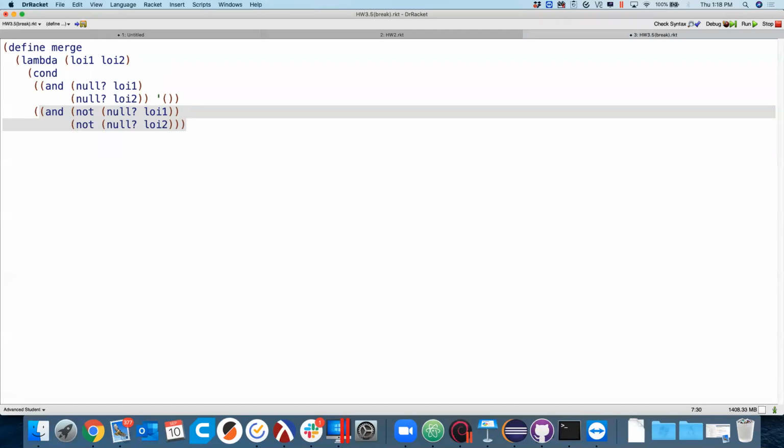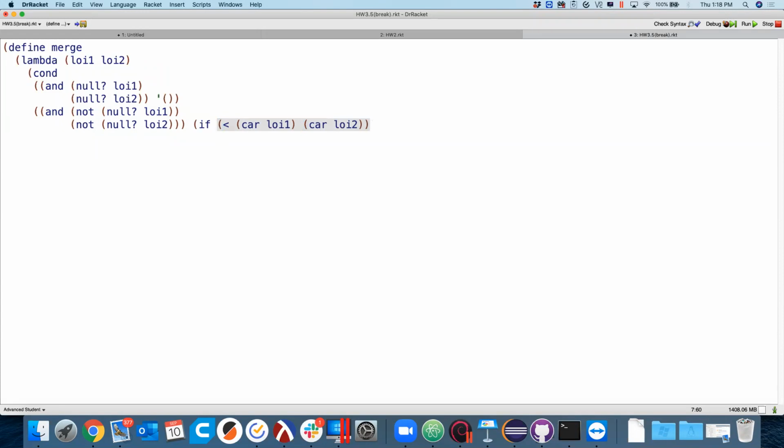All right, so if they both have cars, that's effectively what we're saying here, right? Then we'll ask the question, if the car of LOI1 is less than the car of LOI2.